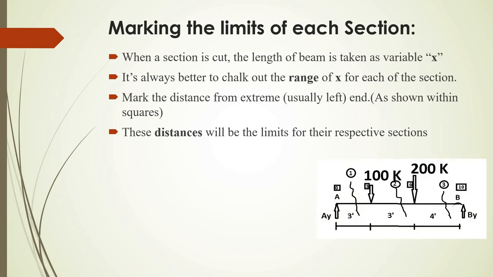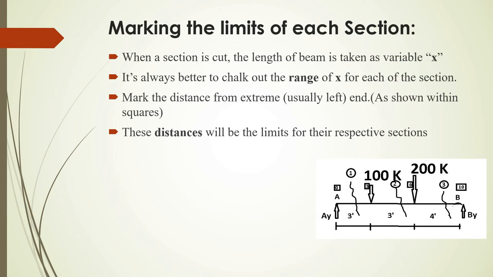So if you see this diagram, as discussed in point 3 as well, the extreme left, that is A, I've taken as 0. If I add the distance of the first force that appears after point A, the distance between A and the next force is 3.